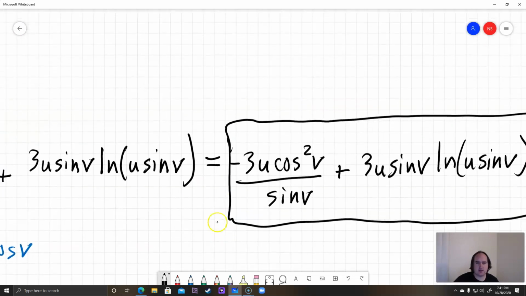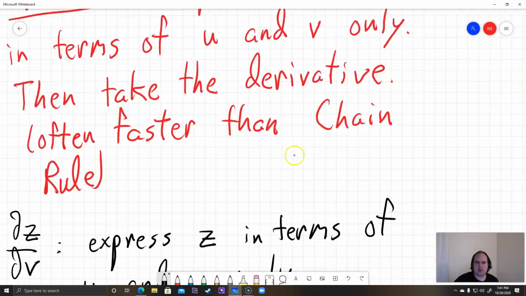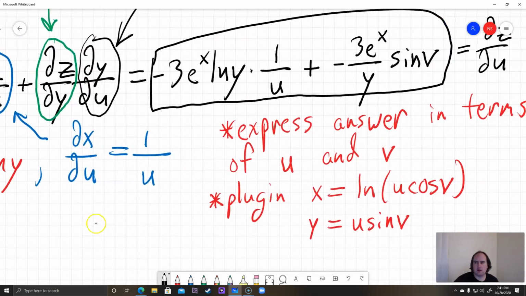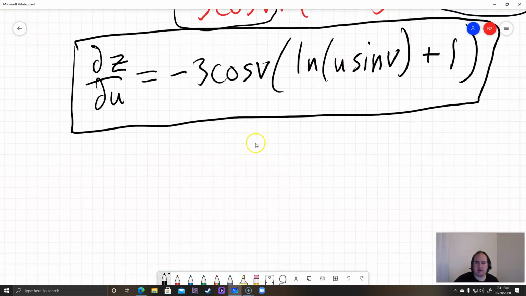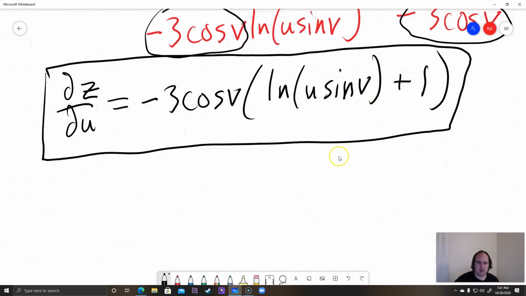Let's start with partial z partial u. Let's see, where was that? Partial z partial u we did up here. Okay, and it was negative 3 cosine of v times ln of u sine of v plus 1.